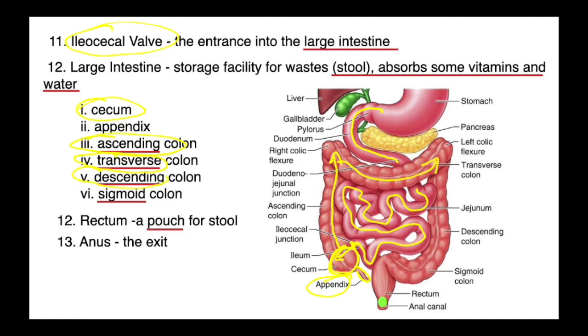And then we have the descending colon down. And then at this point we're in the sigmoid colon here. And then we have this pouch called the rectum, okay, and then anus. All right, there you go.